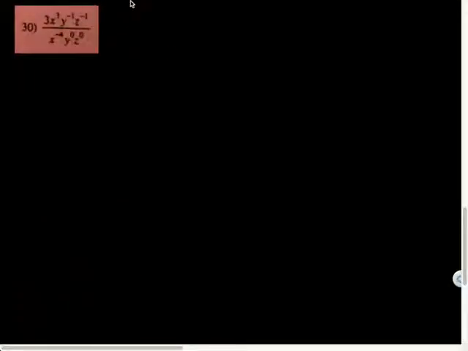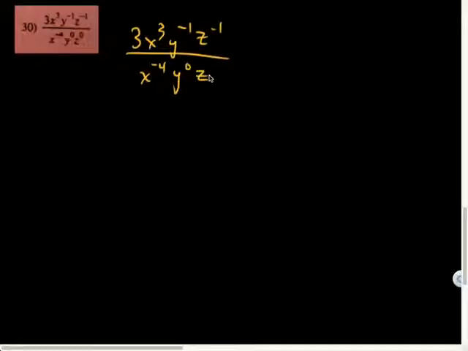Here's problem 30. We've got 3x cubed, y to the negative 1, z to the negative 1, over x to the negative 4, y to the 0, z to the 0. So, for the 3 over 1 technically here, can't do nothing. Between the x's, who's moving where?